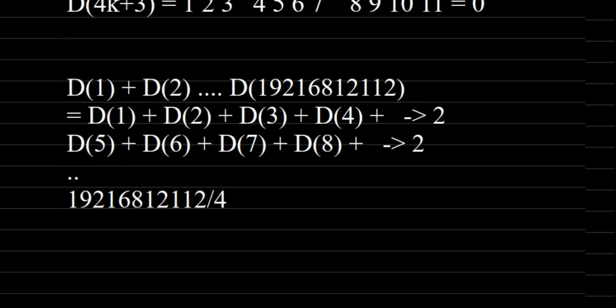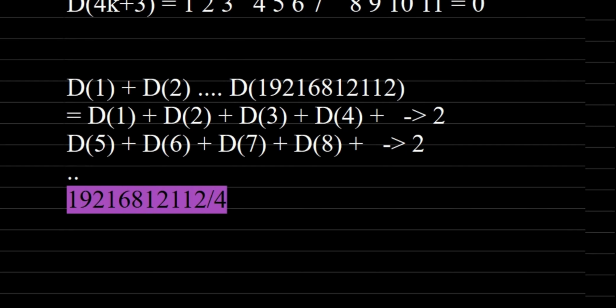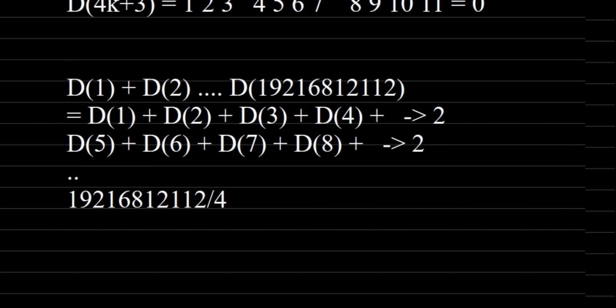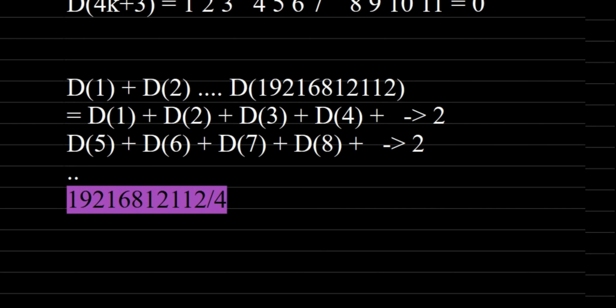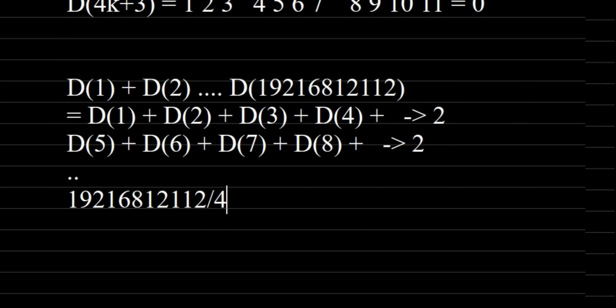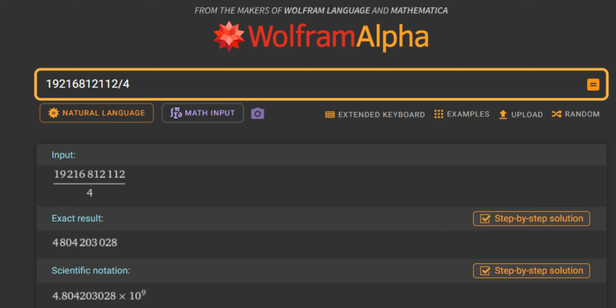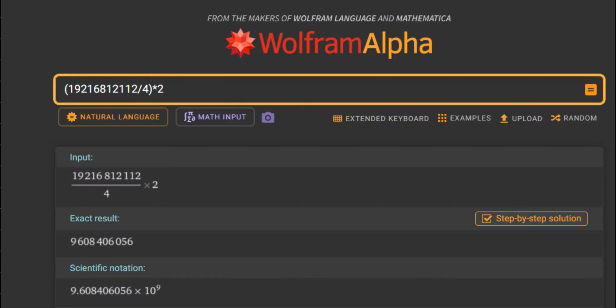So there would be these many groups of 4. So doing that on a simple calculator, we get these many groups, and for each group the sum comes out to 2. So if we multiply that by 2, this should be our final answer.